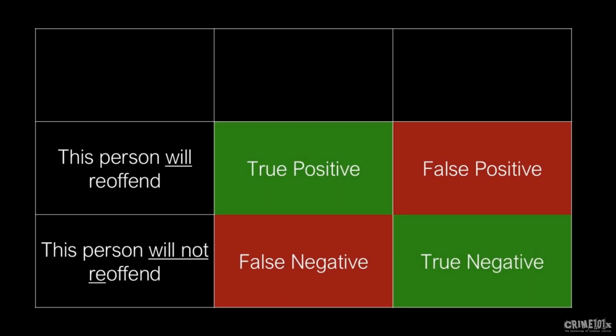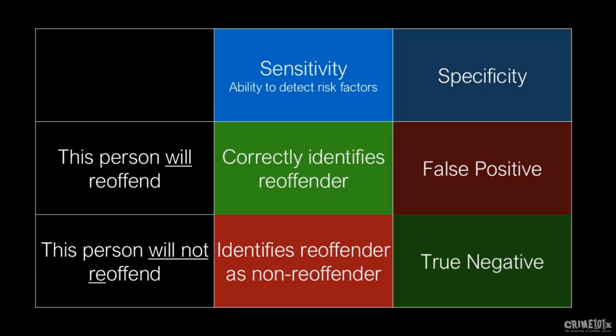However, you can see in this table that there are four possible outcomes, these being true positives, false positives, false negatives, and true negatives. We want to make sure that we're maximizing the potential for true positives and negatives while minimizing the potential for false positives and negatives. This is where sensitivity and specificity come in. Sensitivity refers to how likely a tool is to pick up on risk factors and correctly identify someone who will reoffend.